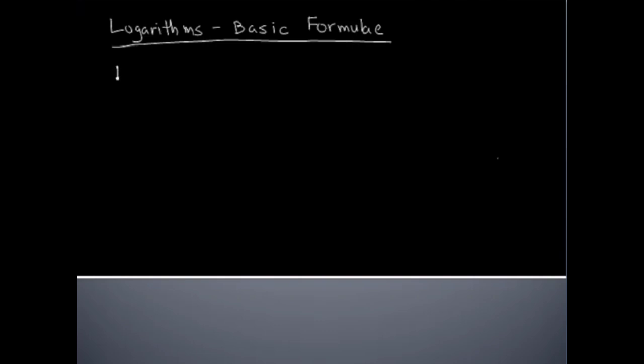If we have log base b of m into n, it can be written as log base b m plus log base b n. We had mentioned that a log can convert multiplication and division into addition and subtraction, right? So this is the multiplication to addition conversion.